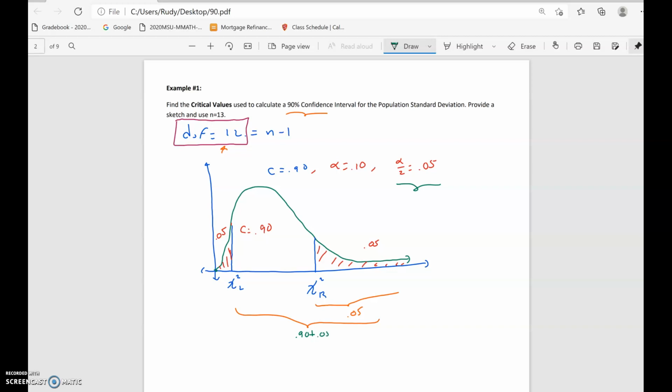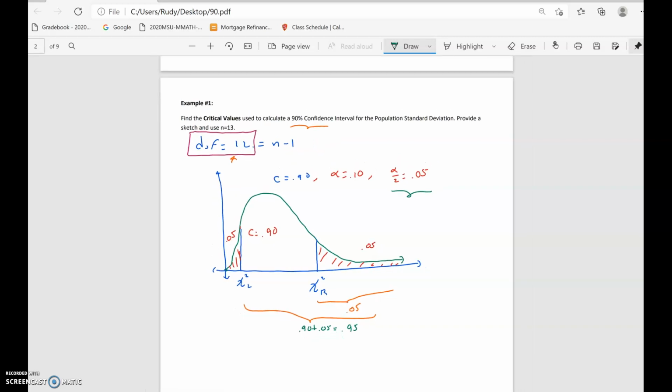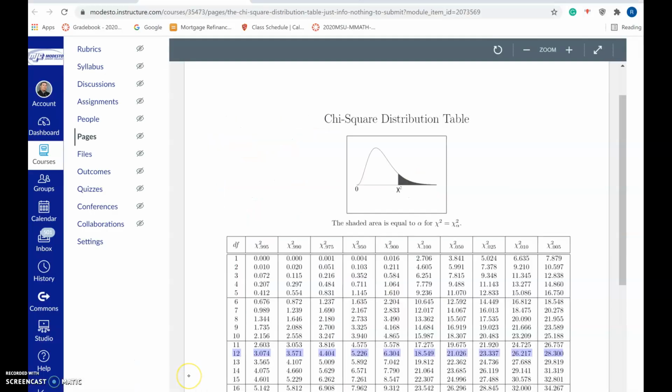So that would be 0.95. So when we find these values on the table, we're going to be looking at 12 degrees of freedom, and that's because it's n-1. And then one has 0.05 area to the right, the other one has 0.95. So from the chart, this is 12 degrees of freedom.